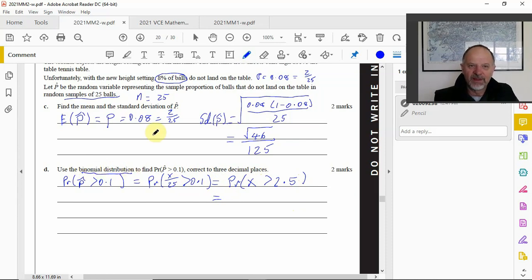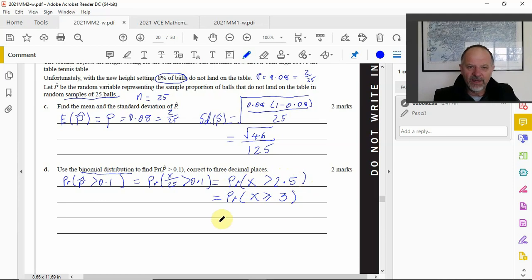So pick up on that, different to what we've been doing previously. And so with binomial, we can't have fraction outcomes, because binomial's either what you want or not. You either get it or you don't. You don't get half, there's no halfways. So if we want greater than 2.5, we're actually wanting greater than or equal to 3.